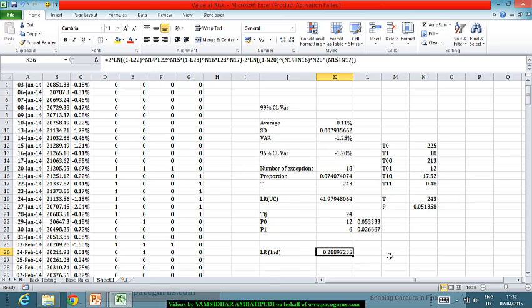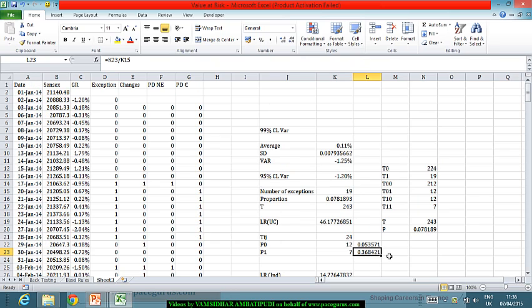Let me check this computation. So here one mistake came. P1 needs to be taken not as the number of non-defects. I was making P1 the total number of exceptions as a proportion of the total exceptions.